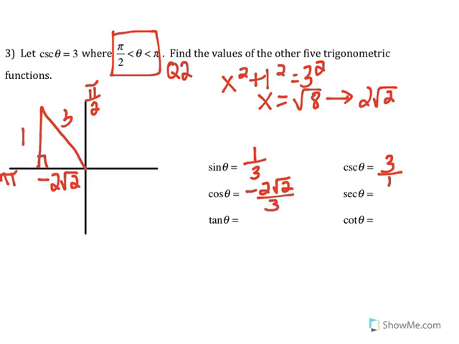Let's do the easy ones first, where we don't have to rationalize. For cotangent, since we have x over y, that will be negative 2 root 2. And then if we flip over, let's do the cosine first, we flip that over and rationalize.